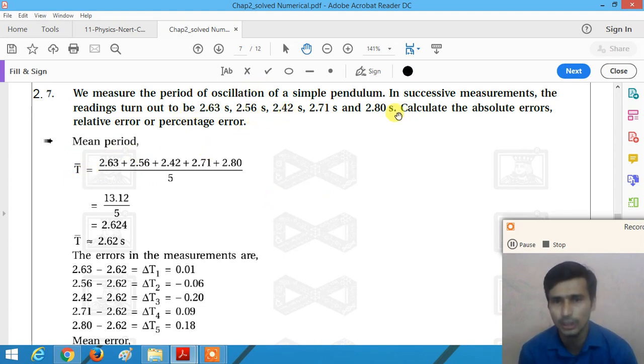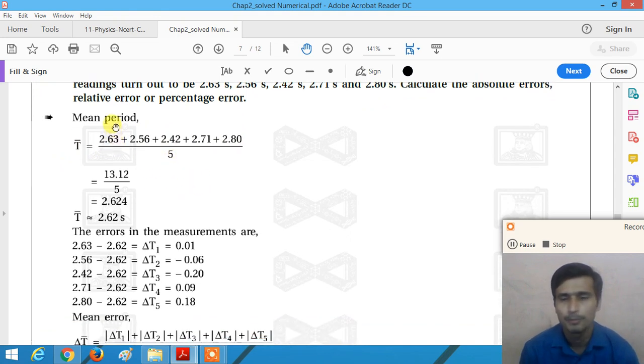Addition of all the observations divided by the total number of observations. So we add 2.63 plus 2.56 plus 2.42 plus 2.71 plus 2.80, divided by the total number of observations, which is 5. The mean period of oscillation, or the true value of the period, is t bar equal to 2.62 seconds. Now we calculate the absolute error in all the measurements.